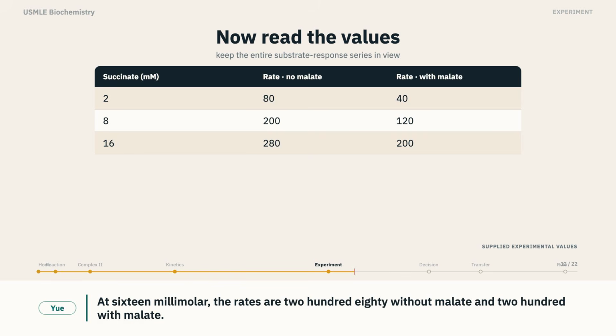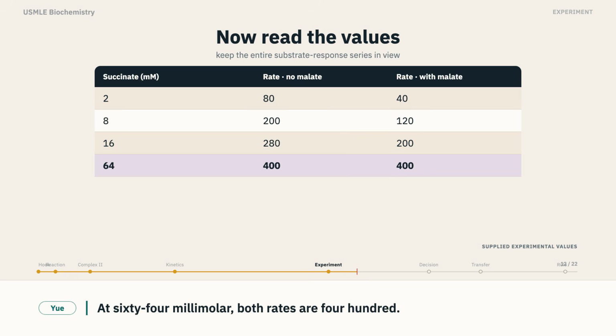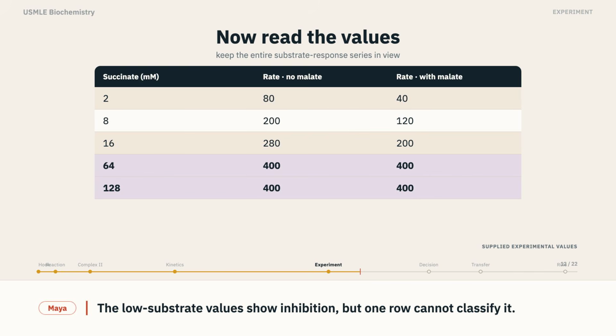At 16 millimolar, the rates are 280 without malate and 200 with malate. At 64 millimolar, both rates are 400. At 128 millimolar, both rates are again 400. The low substrate values show inhibition, but one row cannot classify it. Keep all 5 rows in view while you choose.